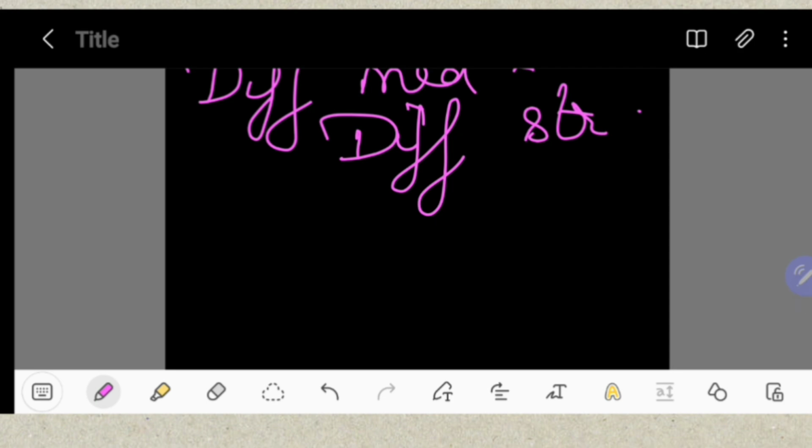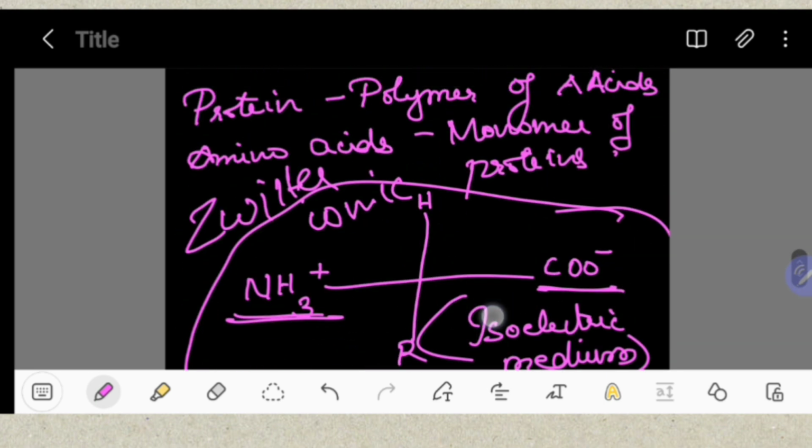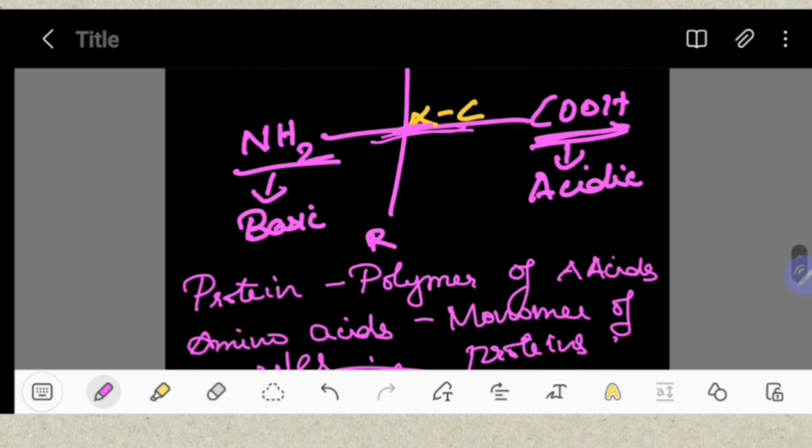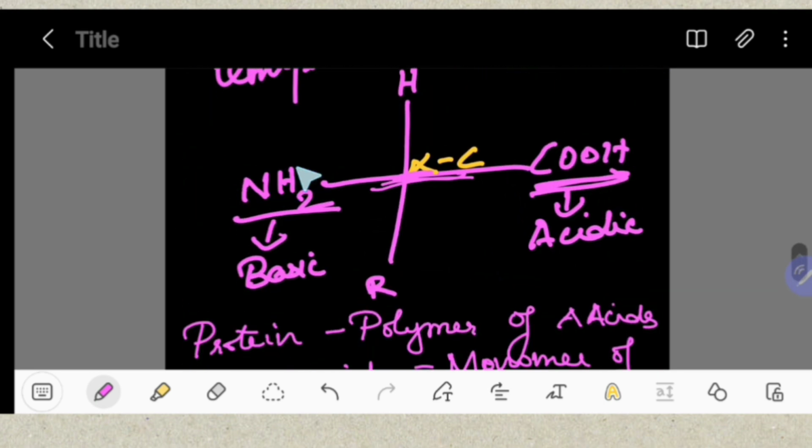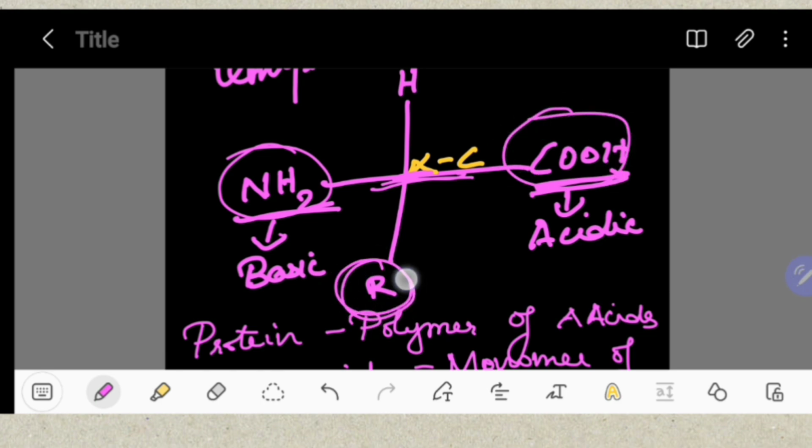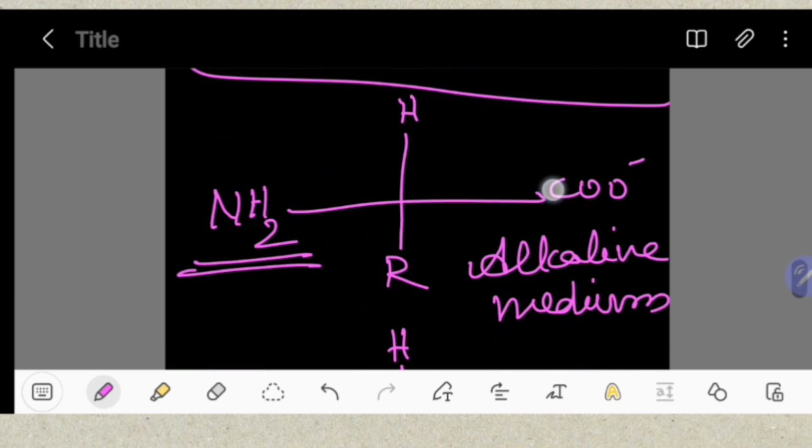Generally 20 proteinaceous amino acids are present in nature, known as standard amino acids. Another property: the chemical and physical properties of amino acids depend on the amino group, the acidic carboxyl group and the R functional group.